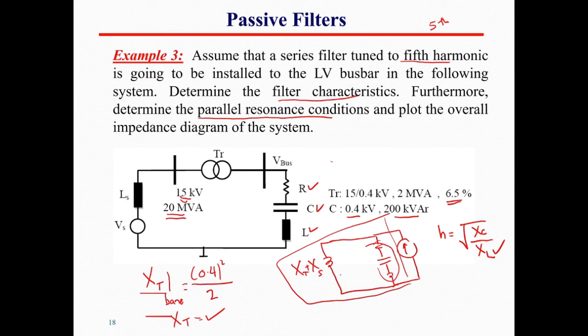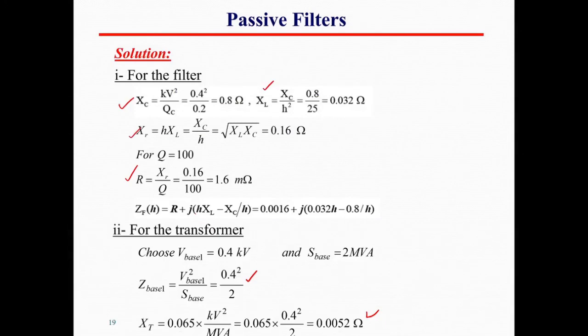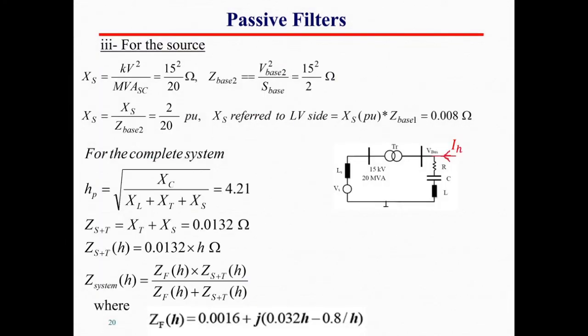So to find the harmonic order for the parallel resonance, of course, it will be again XC divided by XL for the filter plus XT for the transformer plus XS for the source. Okay, as it is done over here.